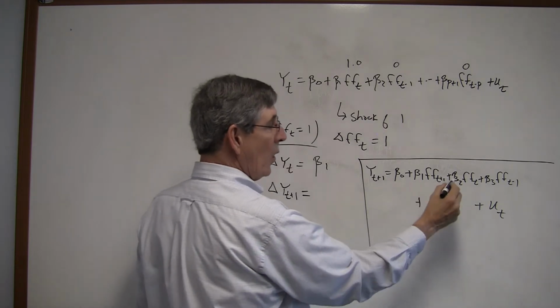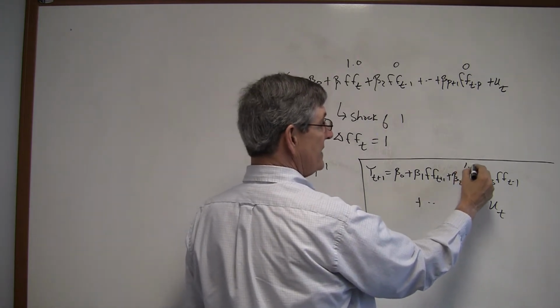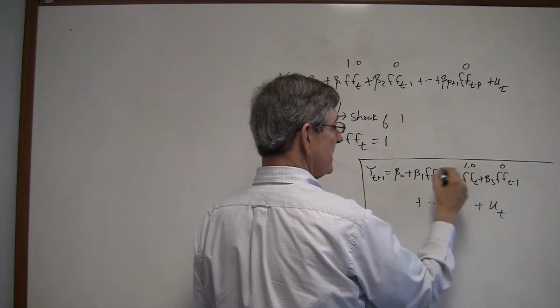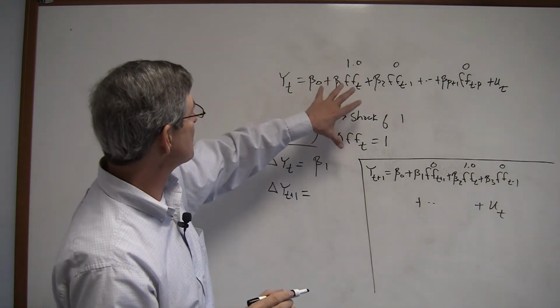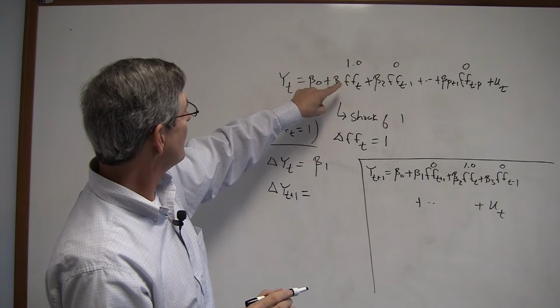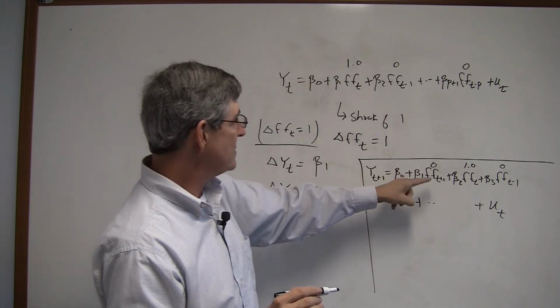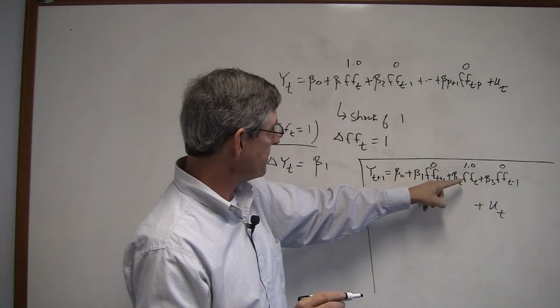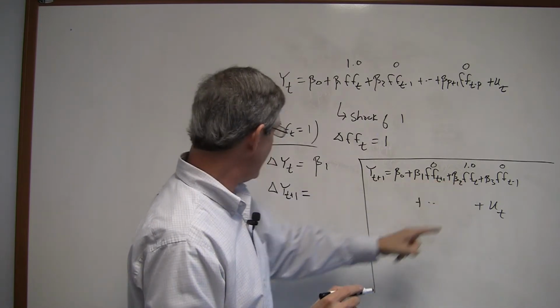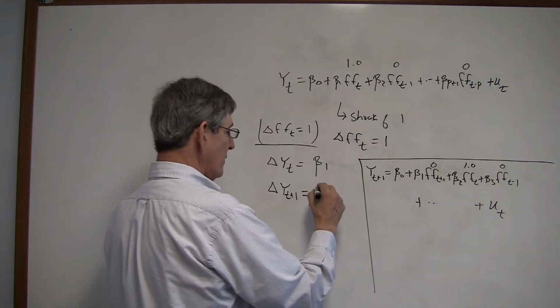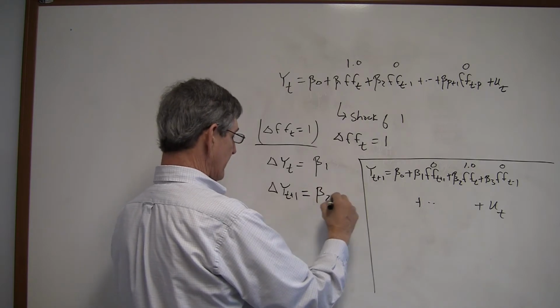Now, the only one that changed is FFt. So this is 1.0, this is 0, this is 0. All the other ones are 0. We're just looking at a change at a point in time of 1 unit. And so the change in yt plus 1 would be beta 2.